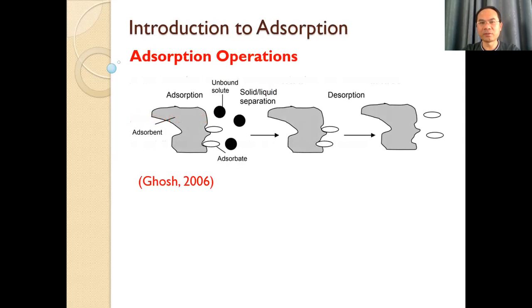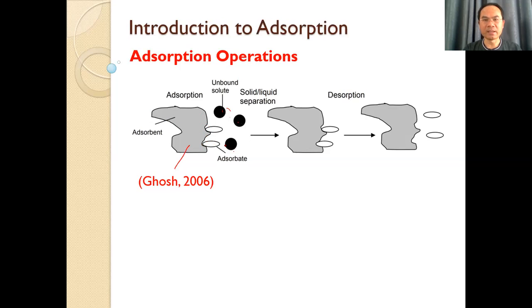This figure shows you the adsorption operation in general. This is the adsorbent, which may have many shapes and sizes. This is the unbound solute. And this is the adsorbate that accumulates on the surface of the adsorbent.